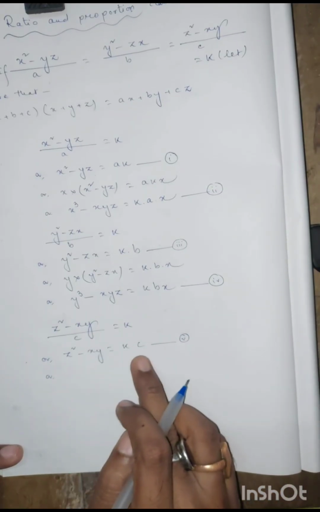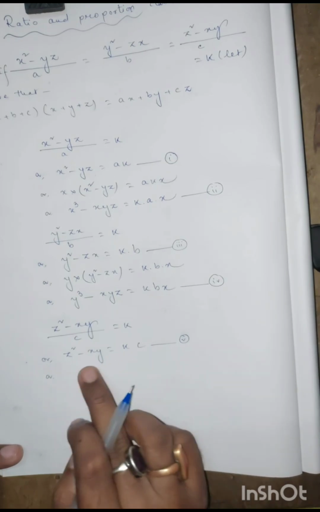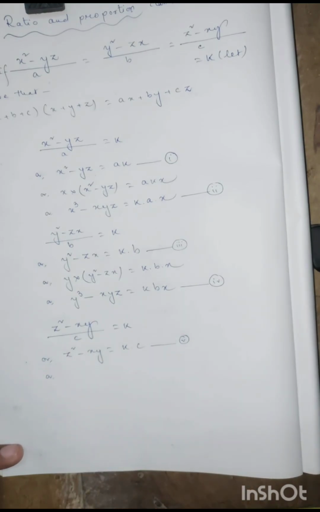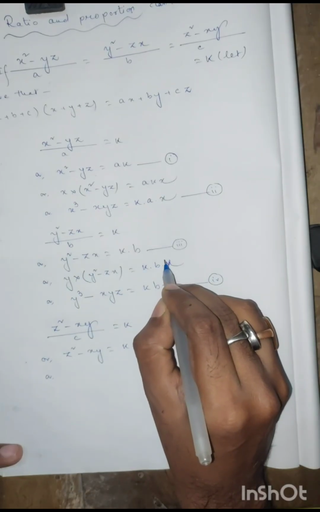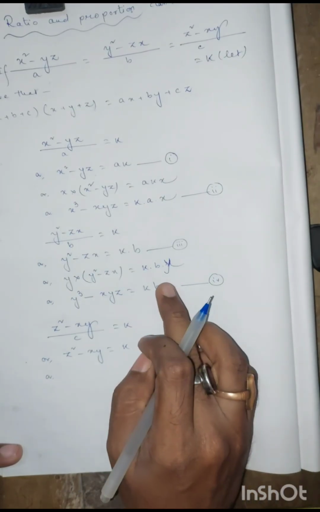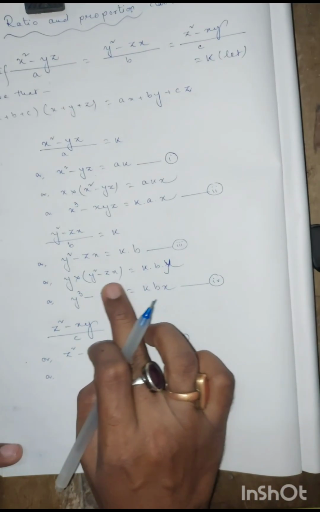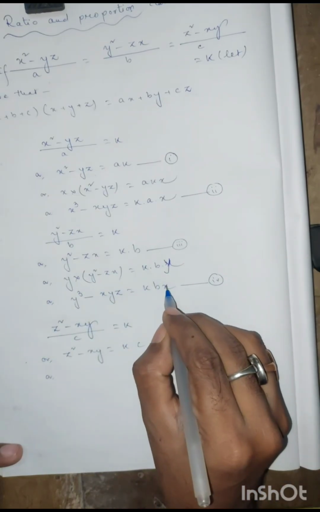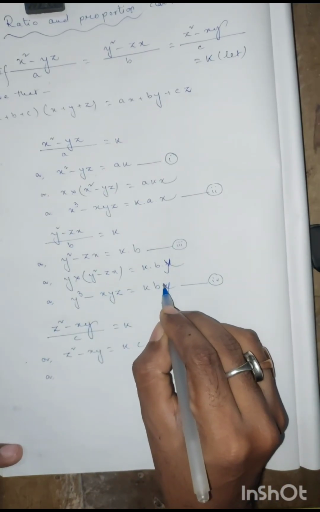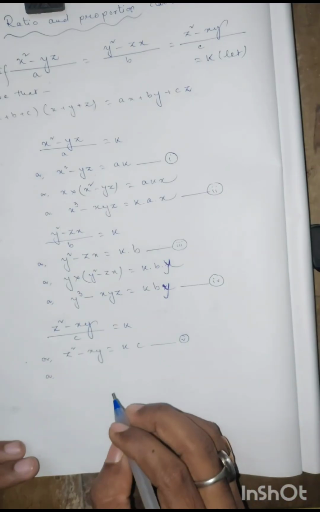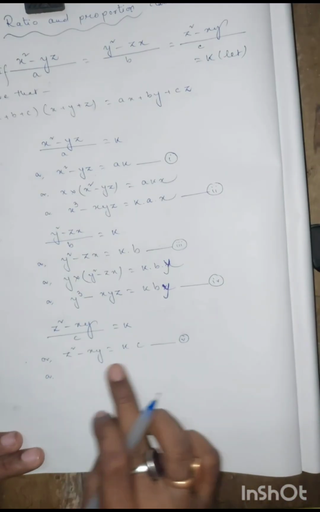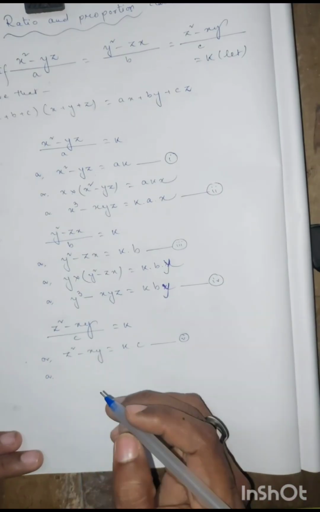Now if we multiply both sides of this equation by z, sorry, this should be y in the previous step, because we multiplied both sides of that equation by y, not by x. Now we are multiplying both sides of this equation by z.